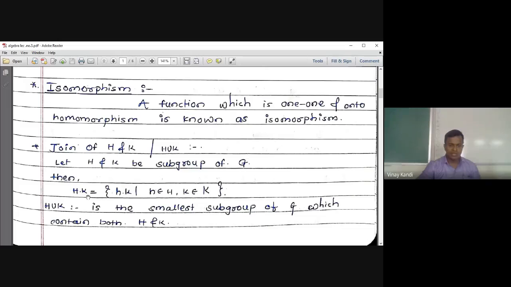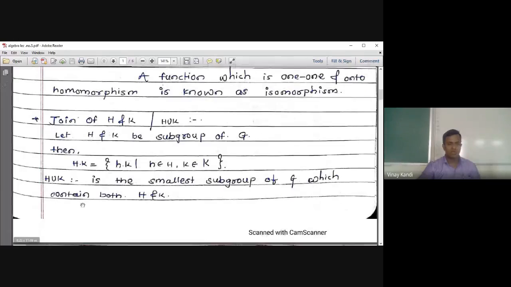Every element in that set must be in the form h dot k, where h belongs to H and k belongs to K. And H union K is the smallest subgroup of G which contains both H and K.